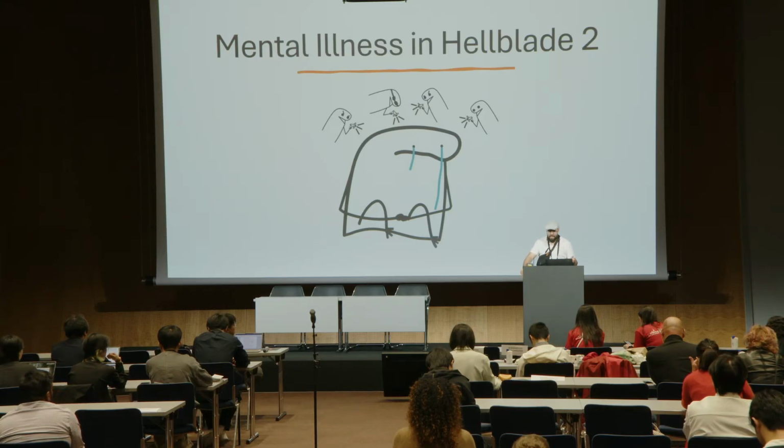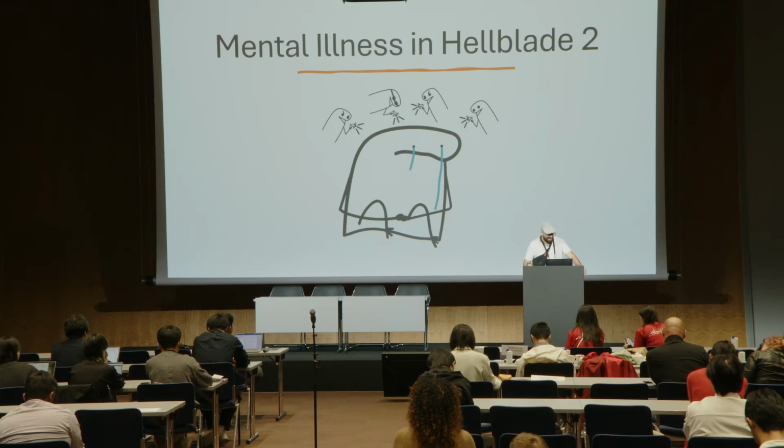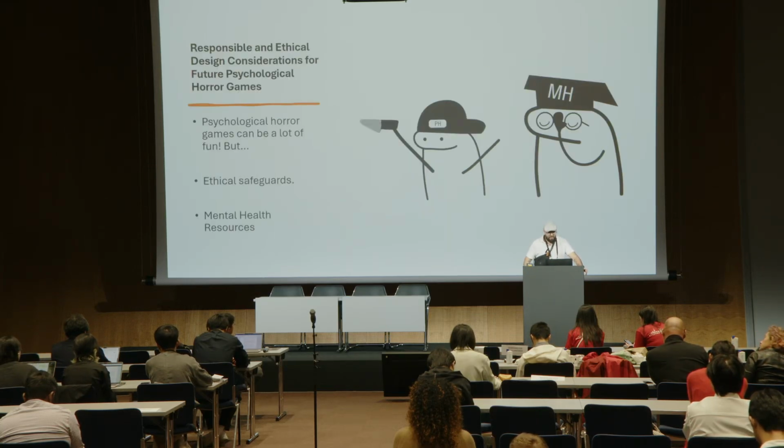In the game, you can play as Senua and hear how she experiences psychosis. But in Alan Wake 2, there are no gameplay mechanics to showcase her mental health conditions. So let's address the responsible and ethical considerations for future psychological horror games.